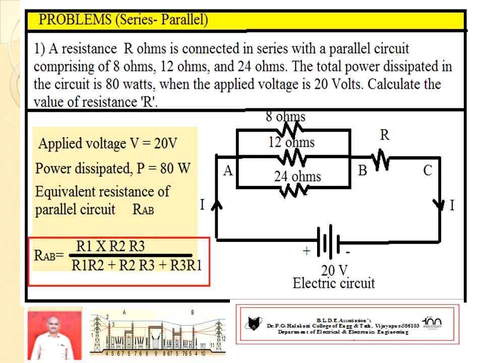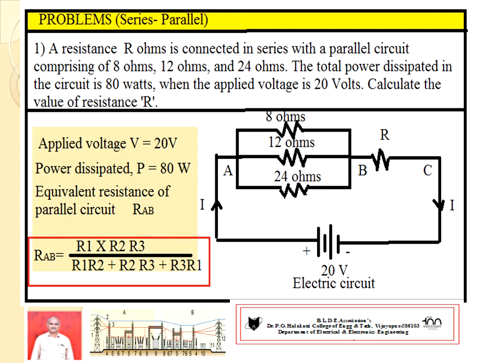A resistance of R ohms is connected in series with a parallel circuit consisting of 8 ohms, 12 ohms, 24 ohms. The total power dissipated in the circuit is 80 watts. When the applied voltage is given 20 volts, calculate the value of resistance.